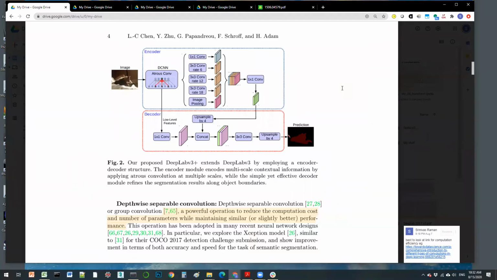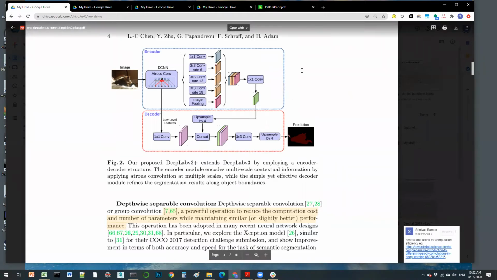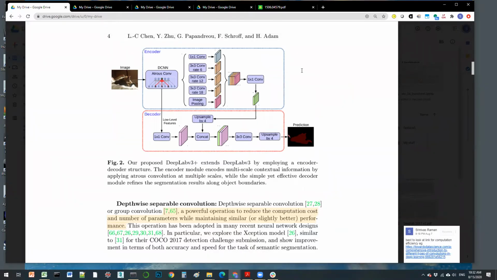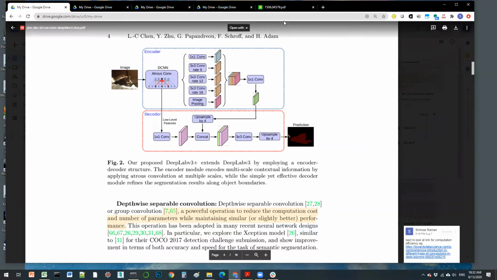No, the number of channels remains the same, right? No, the global pooling will change the number of channels. It will only change height and width. Yeah, it won't change the channel dimension, because you just pool in the HW dimensions. That's why if you go back to the ParseNet paper, you can still see that the Z dimension still exists.